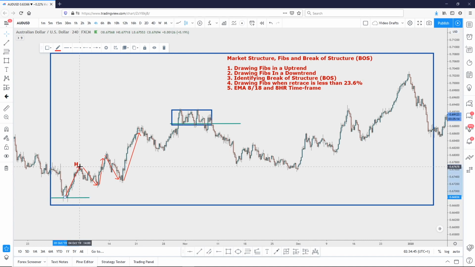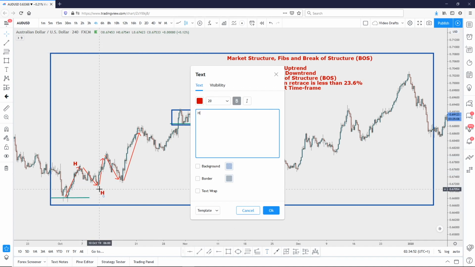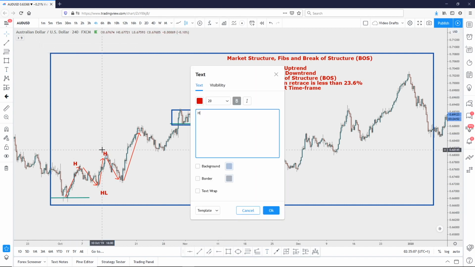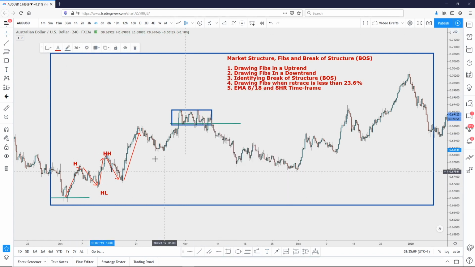So we're just going to draw a high, and then this is going to be a higher low, and this will be a higher high. And then you can see how I've already labeled these two.